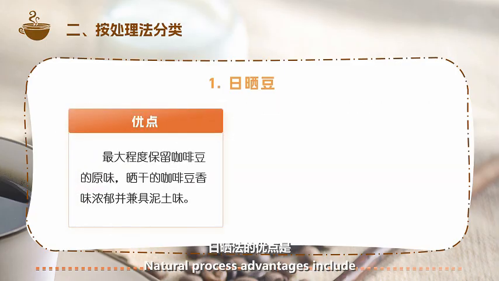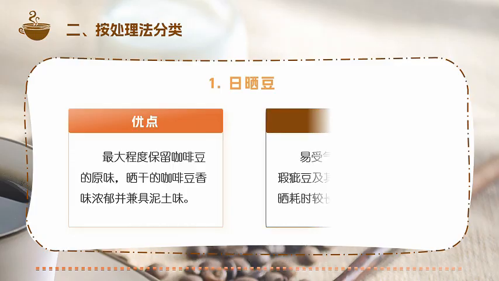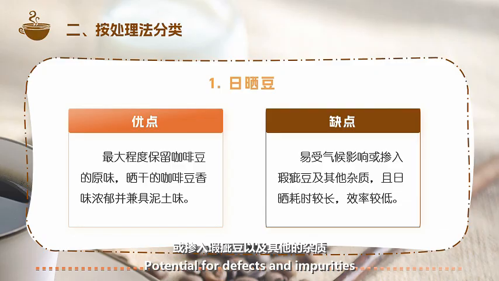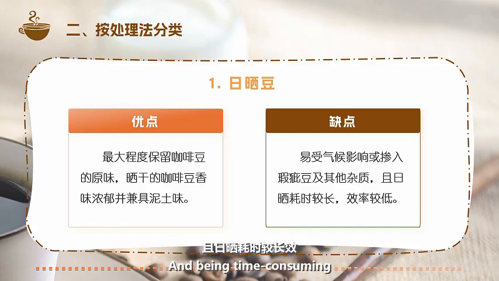Natural process advantages include maximizing beans' original flavor. Sun-dried beans have intense aroma with earthy notes. But drawbacks exist: vulnerability to weather conditions, potential for defects and impurities, and being time-consuming with relatively low efficiency.